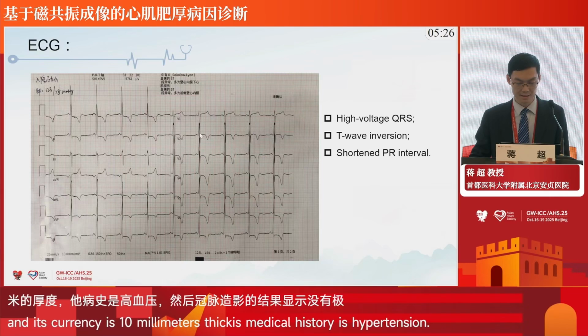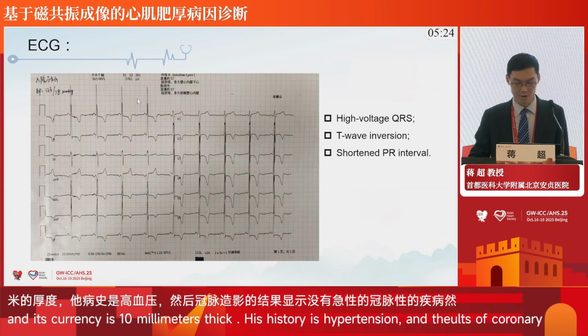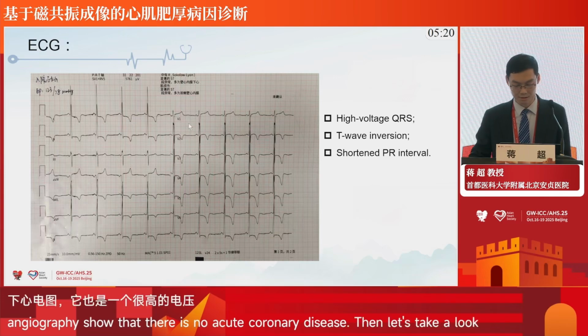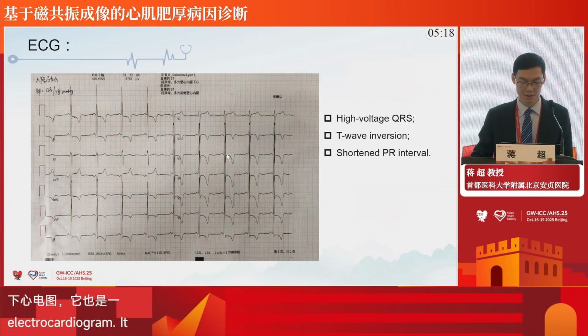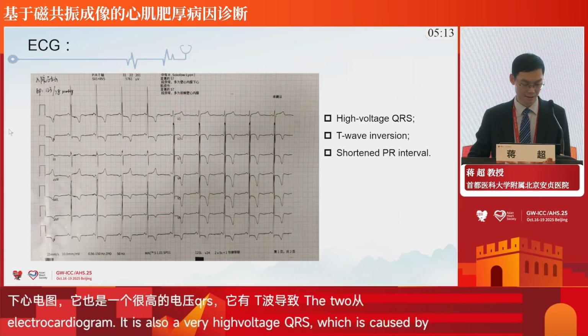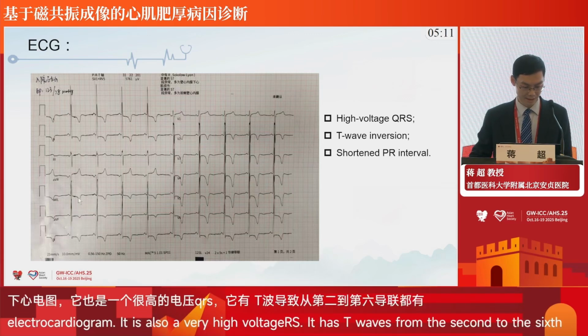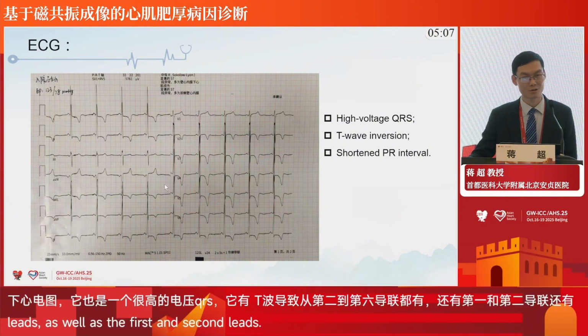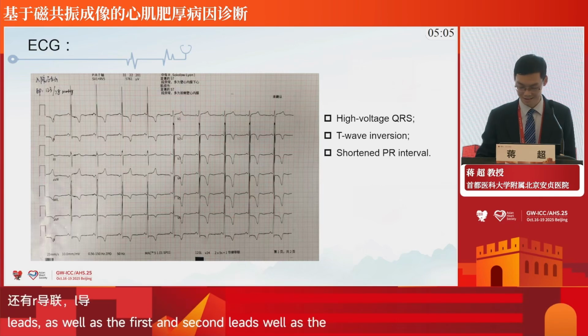Let's see this ECG. It also has very high voltage QRS, and diffuse T wave inversion from V2 to V6, and in lead 1, lead 2, and lead AVL, very like hypertrophic cardiomyopathy.